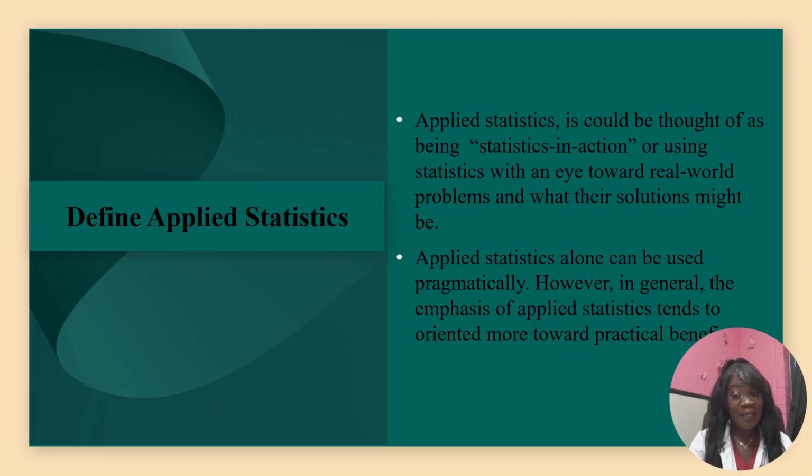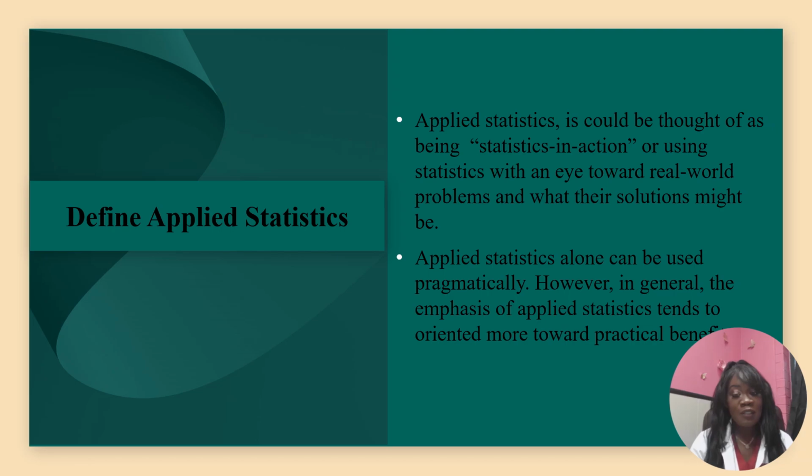Applied statistics can be described as statistics in action rather than focusing on mathematical theory. Applied statistics uses data to answer real-world questions and solve practical problems. In a DNP project, this means collecting and analyzing data to determine whether an intervention is producing the desired outcome.